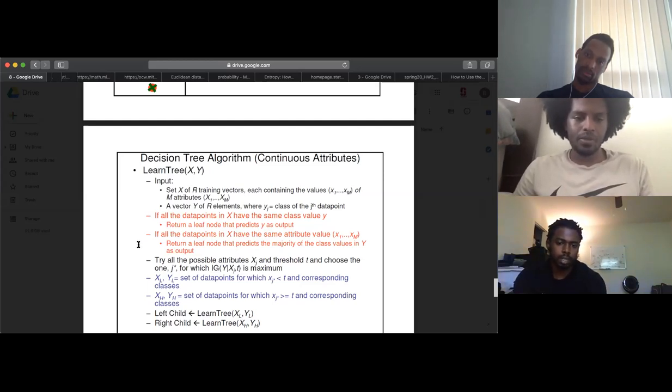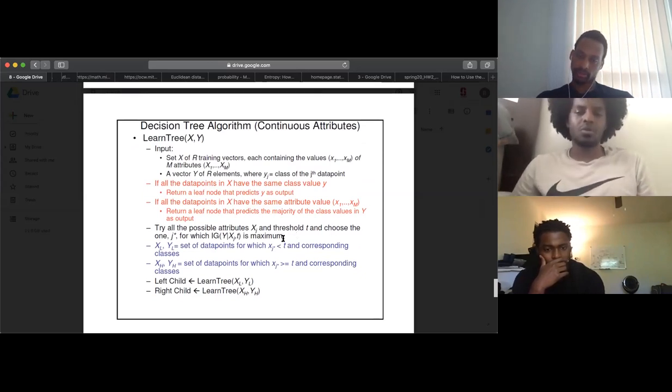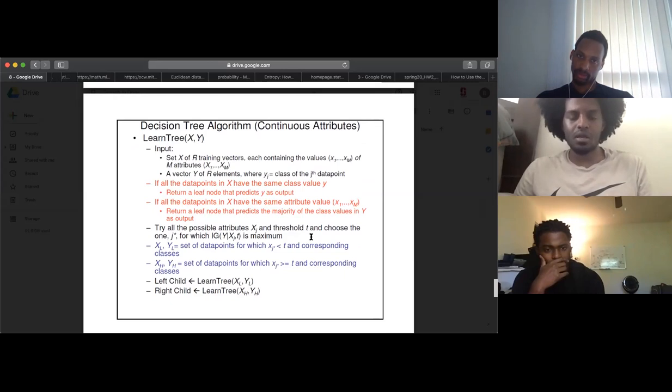Maybe the threshold we're talking about is the threshold t in the pseudocode. Oh, it could be. Yeah, if you see threshold t, so you can try all possible attributes x_j and threshold t, and then choose the one, j star, for which the information gain of y given x_j and t is a max.